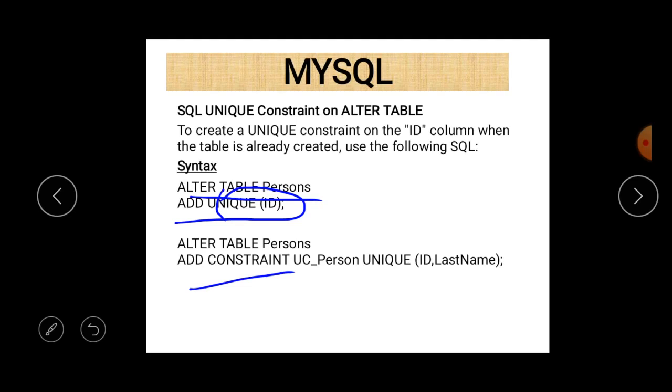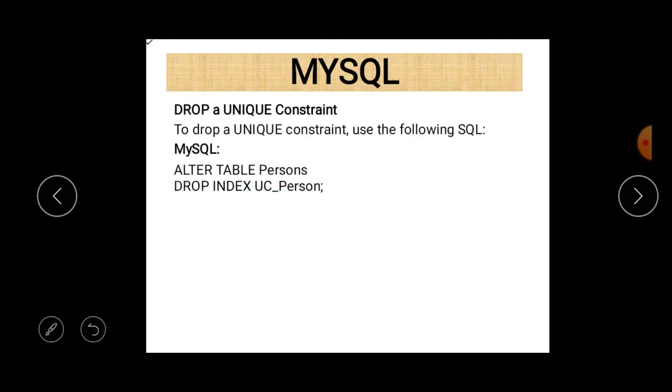So first of all write add, then constraint and the name of the constraint. The name of the constraint is UC_person, and then UNIQUE, because here we want to add a unique constraint on two column names, ID and last name. So now ID and last name become unique in the table person.